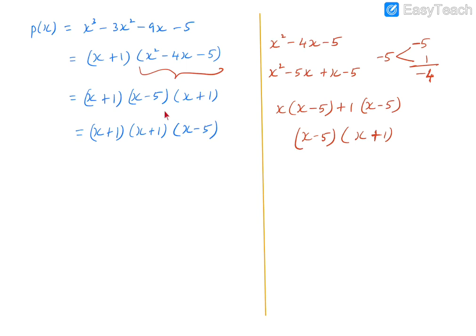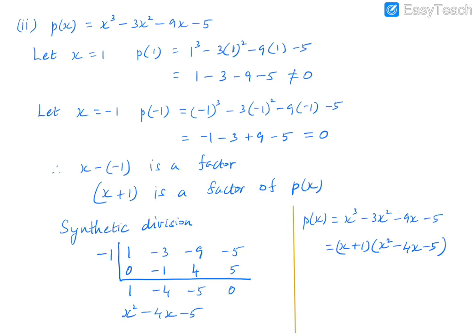We can write it in any order because changing the order of multiplication does not alter the result. So we have x plus 1 into x plus 1 into x minus 5. So basically what we see is that there are two zeros with the same value: when we equate this to 0 and solve for x, we get x equal to minus 1, which is what we found by trial here.